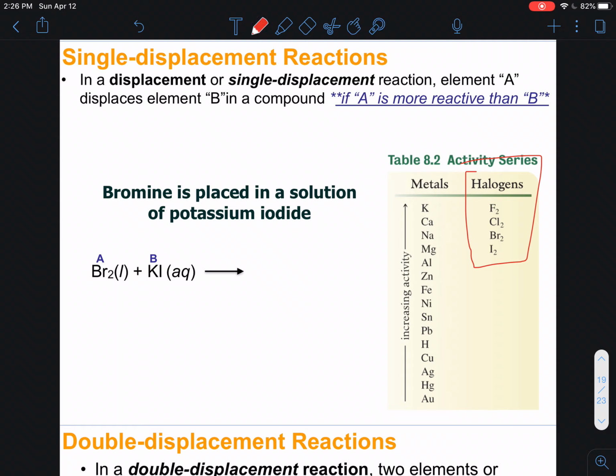So here we have bromine and we have iodide. I put the B over potassium, but really it should be over iodide. What we're looking at is which halogen is stronger. Is it bromine or is it iodide? Remember what nonmetals do.